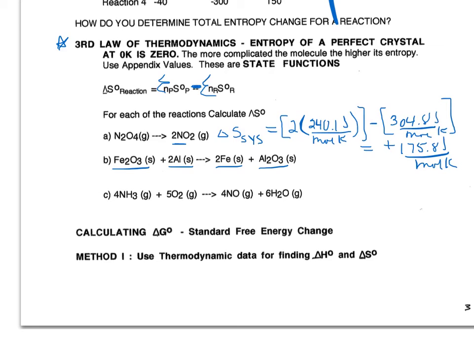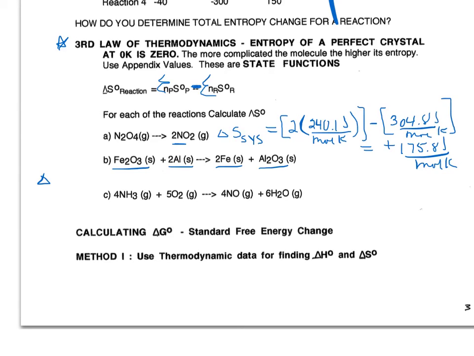So we are producing a lot of heat. But when you look at the entropy change, you have 3 moles of reactants, you have 3 moles of products, you have basically the same states of matter here. You've got solid, solid, solid, solid. So what should be our change in entropy?